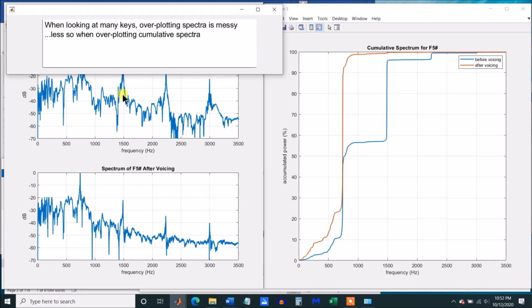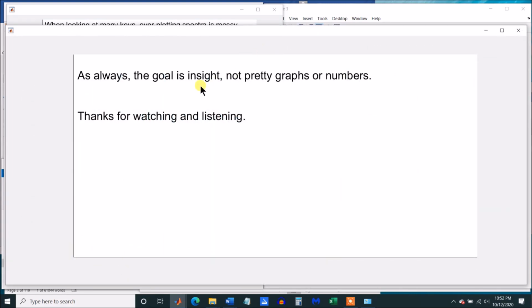And they're messy. These are smooth curves, they're easier to interpret. So there are some advantages, and it all depends on what kind of insight you're looking for. Which again is the goal. The goal is insight. So, thanks for watching and listening.